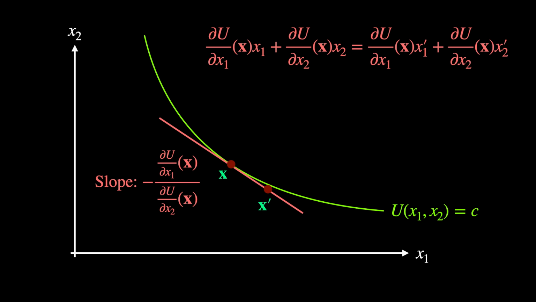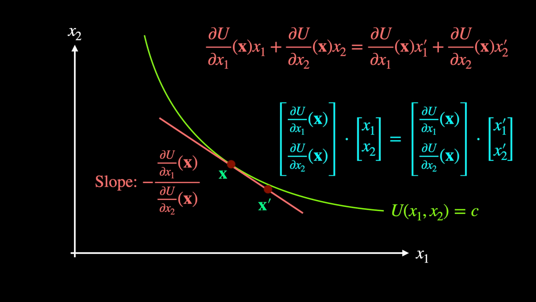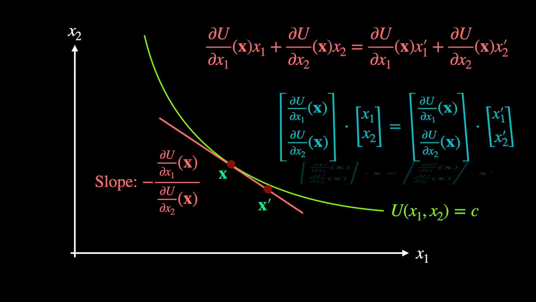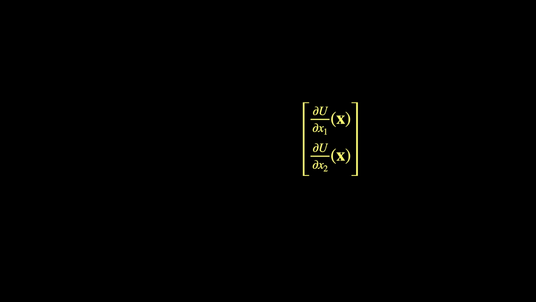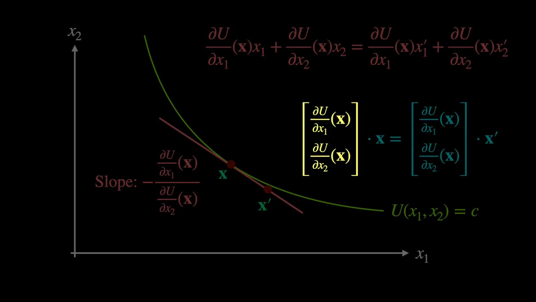Notice that this already looks like something involving dot products. To be precise, we can write this equation like this, where we're taking the dot product of each vector with this vector of partial derivatives. This vector of partial derivatives has a special name and notation. It is called the gradient vector of the utility function, and we use this upside-down triangle, or nabla, to denote the gradient vector.